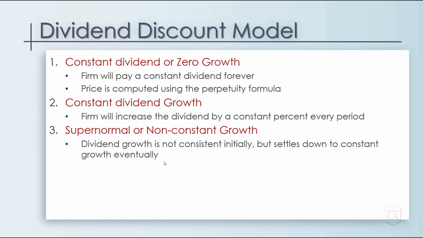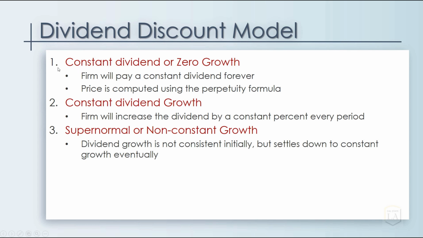But at a certain point, it will slow down to a constant growth, say like 1% or even 0%. And it will not change from then on. Okay, so multiple growth rates apply. However, in the final stage, it will have to settle down to a certain point and it will just keep up that growth rate forever. So that's the third assumption.